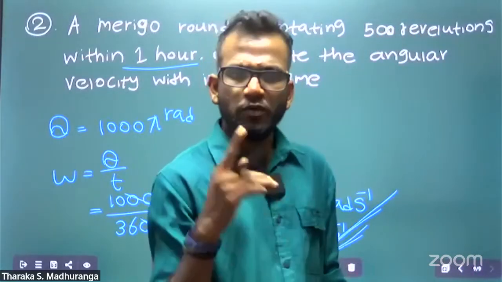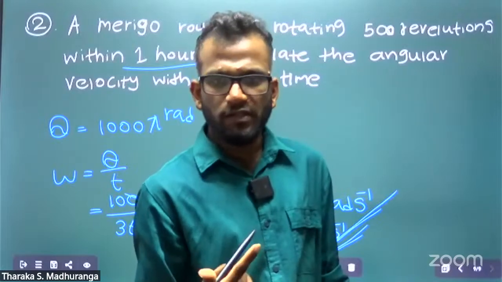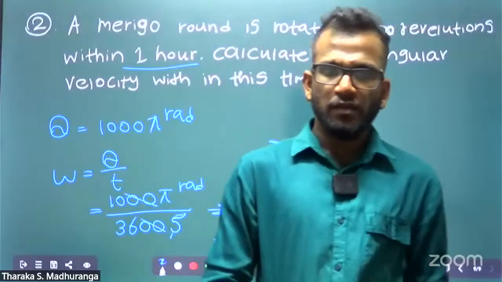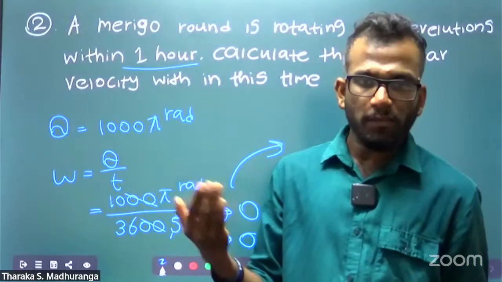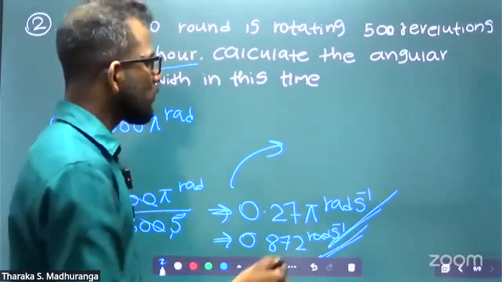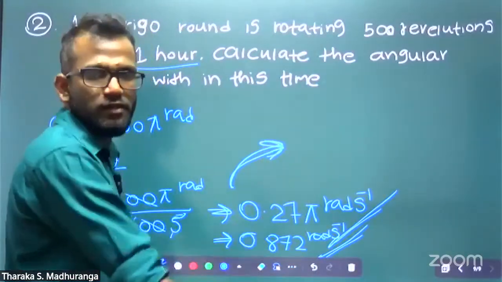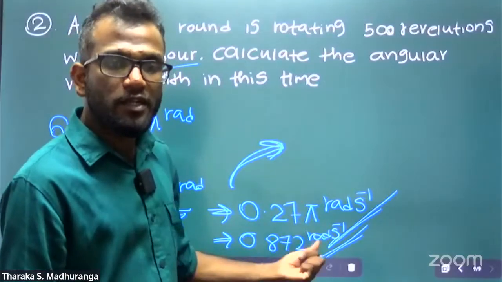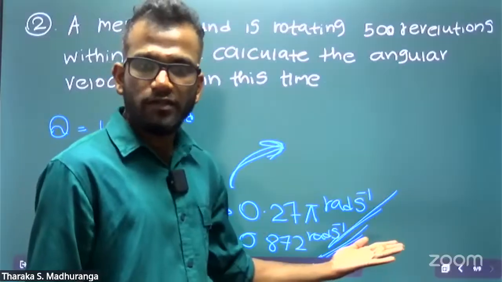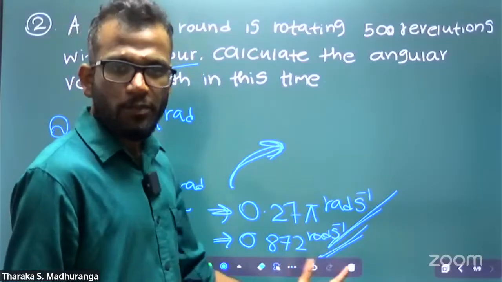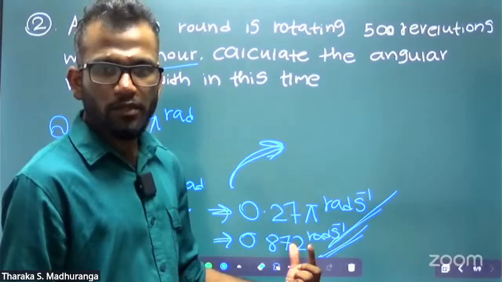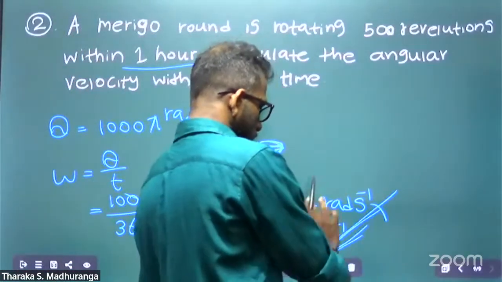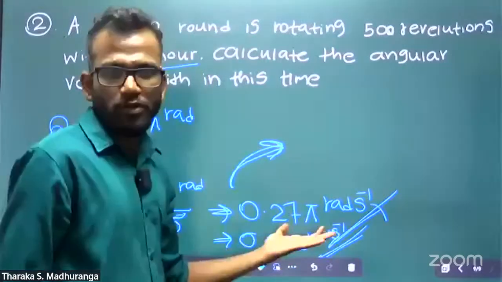In our past papers, only one essay question was asked from this lesson. Always at least 3 MCQ questions are asked, 3 marks. In MCQ, it depends on the answers. If they give answers in terms of π, then you need to provide the answer in terms of π. If they give decimal values, you need to convert into decimal. In the essay part, it's better to note down both.